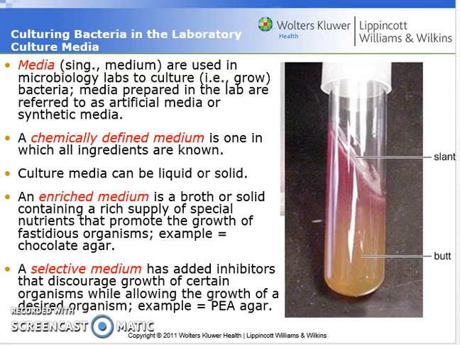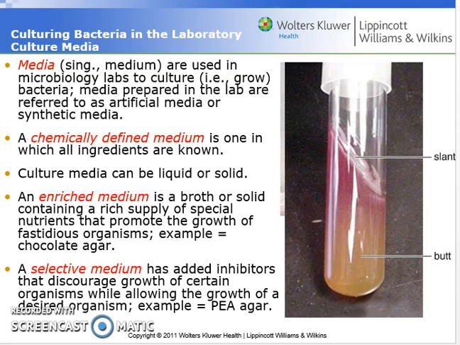Another type of medium is that of selective, in which you add specific inhibitor elements that can cause the bacteria to not grow or discourage the growth of the bacteria. And some examples we have are agars such as that mannitol salt agar plate, where you have salt that inhibits the growth of the bacteria.